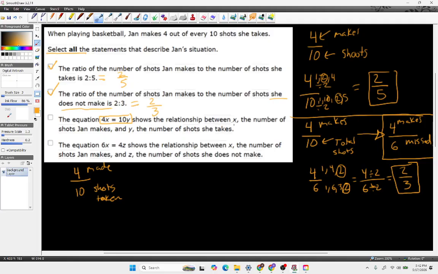And they have specified specifically that X is going to be the number of shots she makes. Okay, so this is interesting.